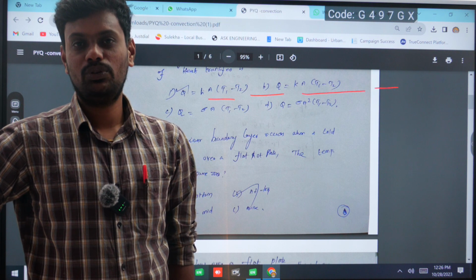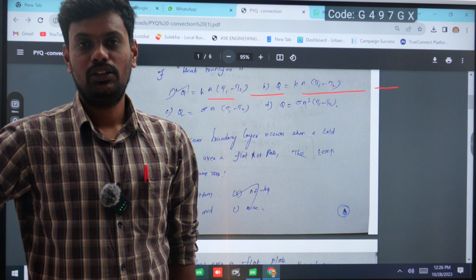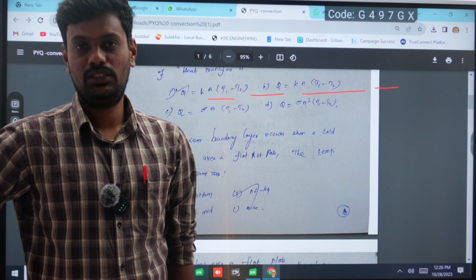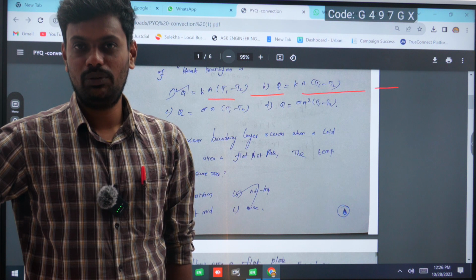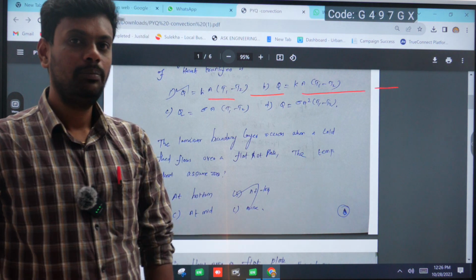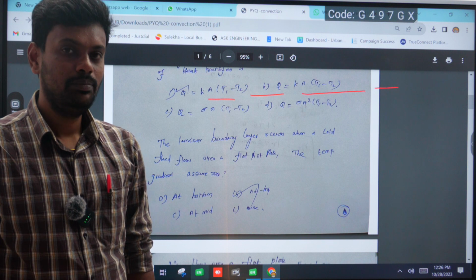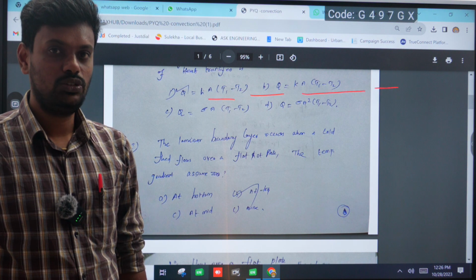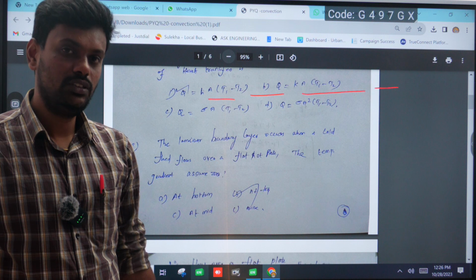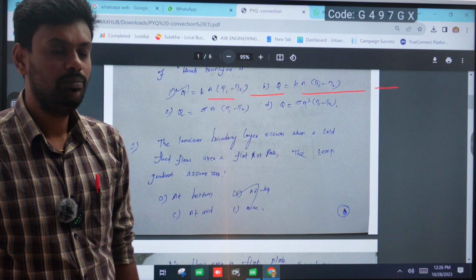But anyhow, this type of question we may expect, related to boundary layer thickness. Thermal boundary layer thickness only is available in our syllabus, but this question is based on velocity boundary layer. Both are similar only. I will explain this question so you understand, and we take this question also, don't omit this question, right?